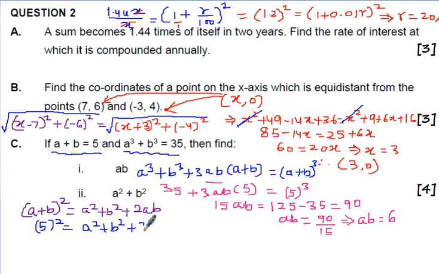It's easy, and ab we found just now 12. So here is 25, you can bring 12 this side, and a square plus b square. So finally you got a square plus b square is 13. 25 minus 12, 13. Easy.